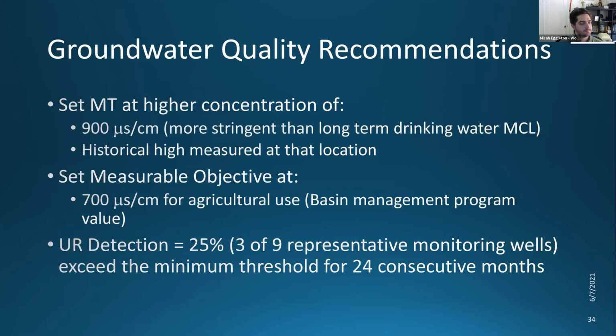Mm-hmm. Thank you. And Ben King? Yeah, so I would just say, I think these are quite aggressive, but if you can maintain those levels within the basin, that's great. I'd like to point out that I looked at the most recent GAMA study, which I believe is 2006.